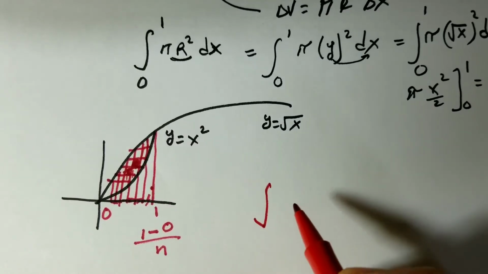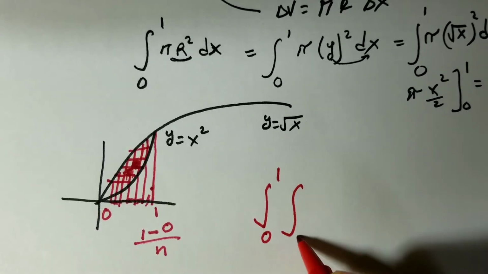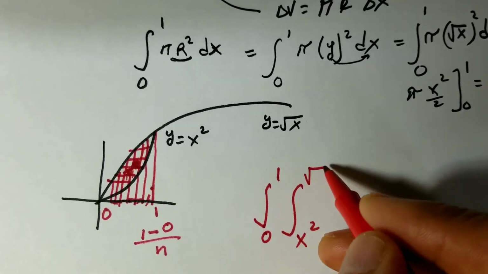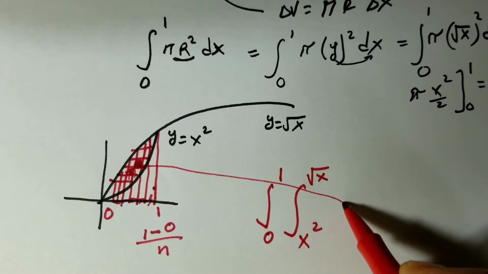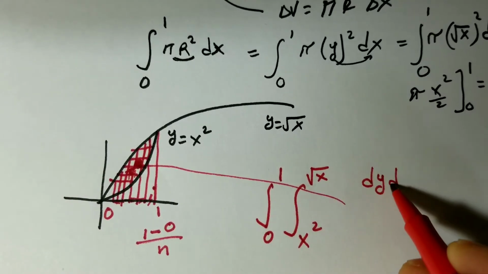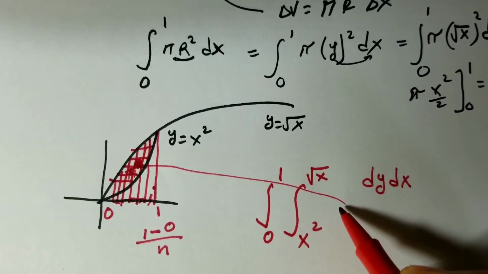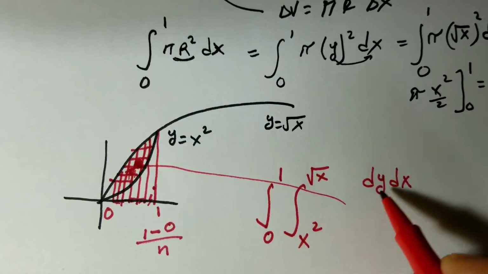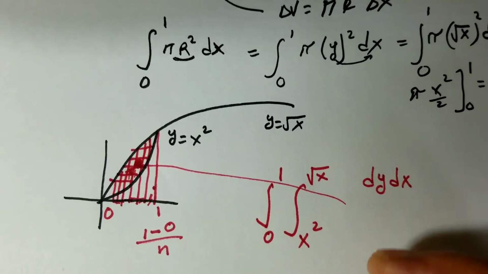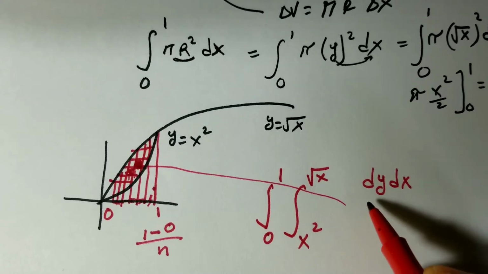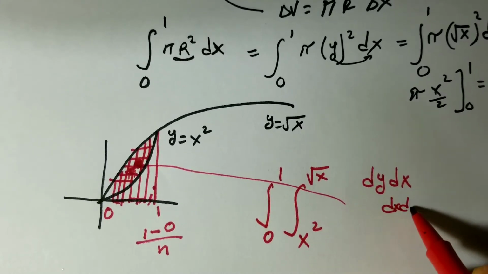Therefore, in here my x was fixed, my y, the lower function, the bottom was x squared, the top function was the square root of x, and the area of one of them is dy dx, because here I have to write it as a differential, and if it's outside the integral, you write it as delta y delta x. Or I can write it as dx dy.